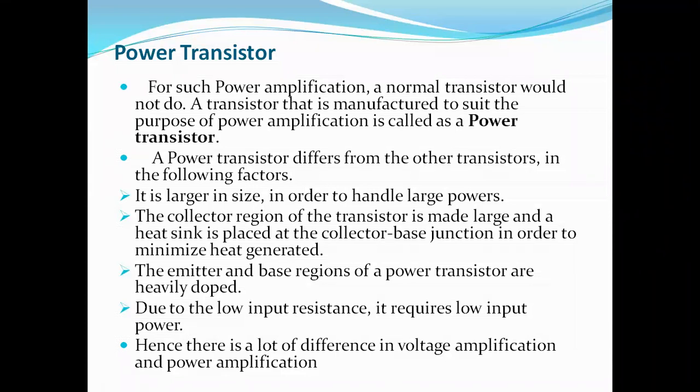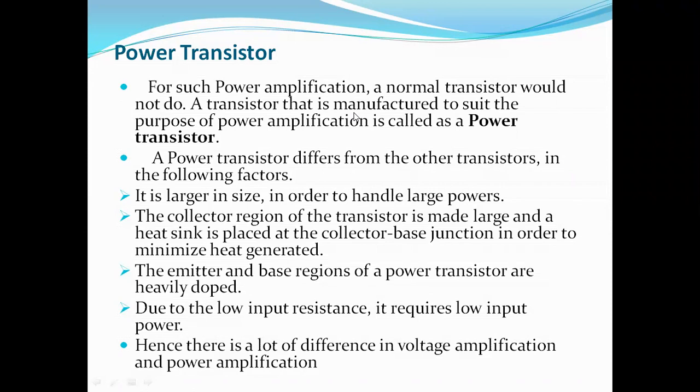And next, the collector region. Why is the size very high? The collector region of the transistor is made very large, and a heat sink is placed at the collector to base junction in order to minimize the heat which is generated in the transistor. We have three regions for every transistor: emitter, base, and collector.